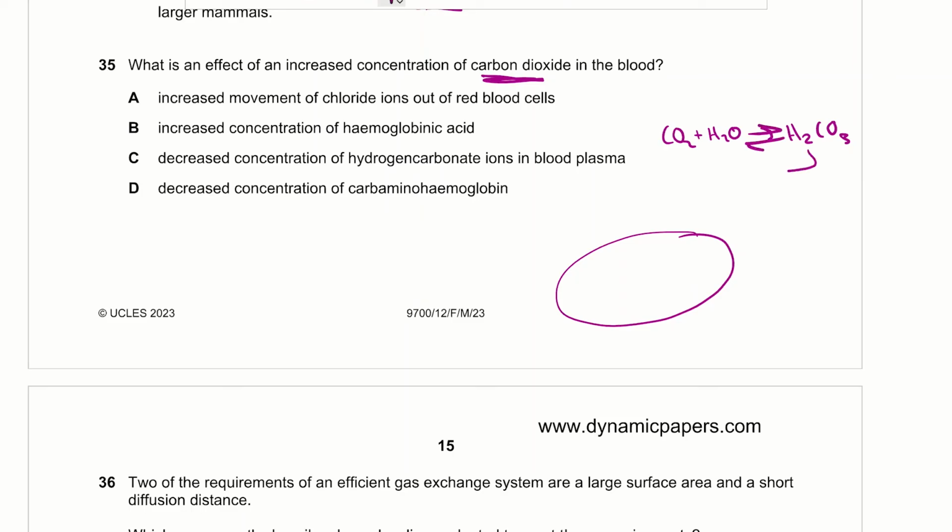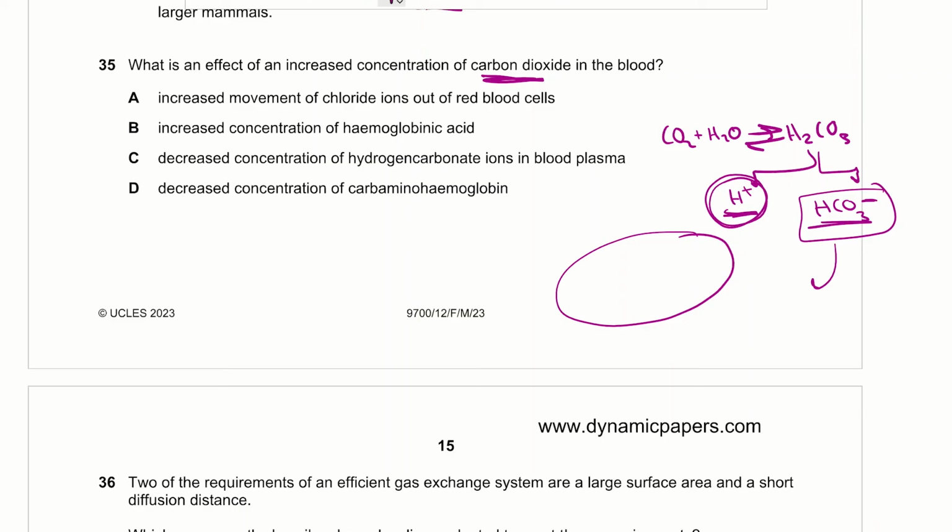And this carbonic acid dissociates into hydrogen ions and bicarbonate ions. What happens is that the hydrogen ions bind to the globin, while bicarbonate ions leave the red blood cell into the plasma. So let's see the suggestions that we have here.